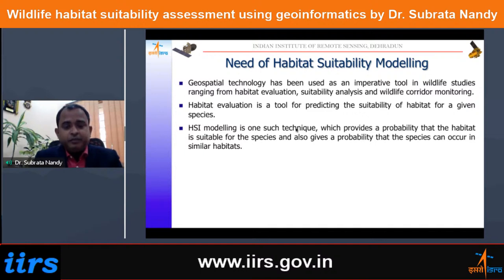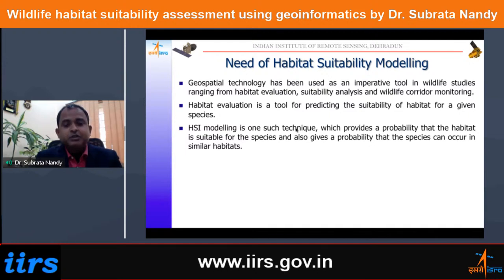Geospatial technology has been used as a tool for wildlife studies, ranging from evaluation and suitability analysis to even wildlife border monitoring as well. Habitat evaluation is for predicting the suitability of a species.